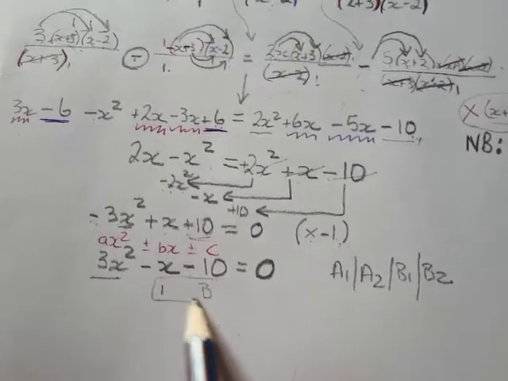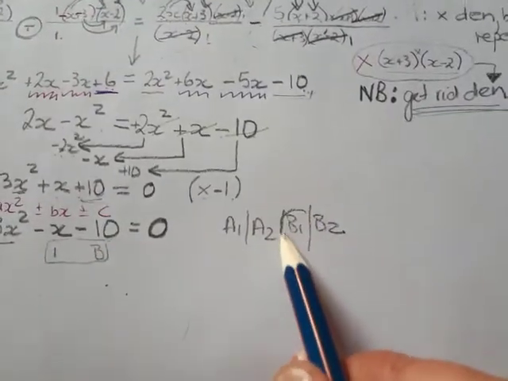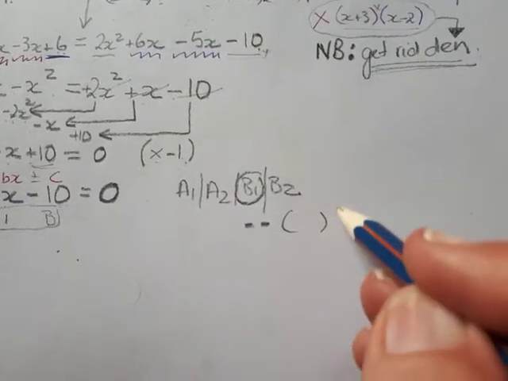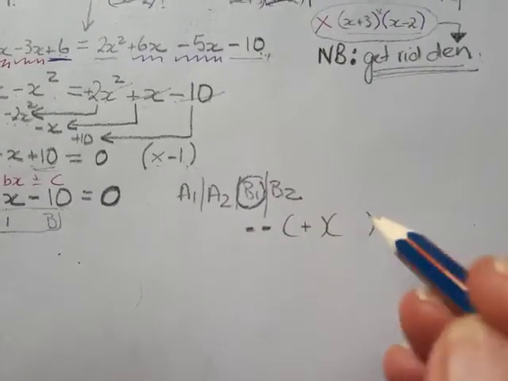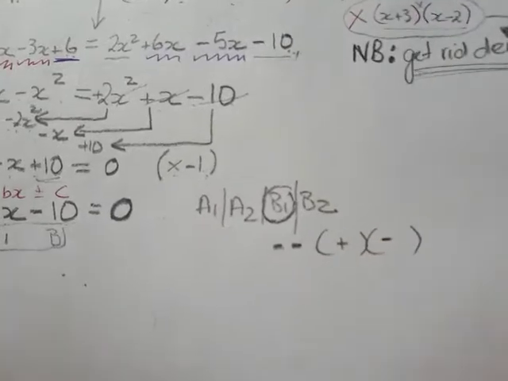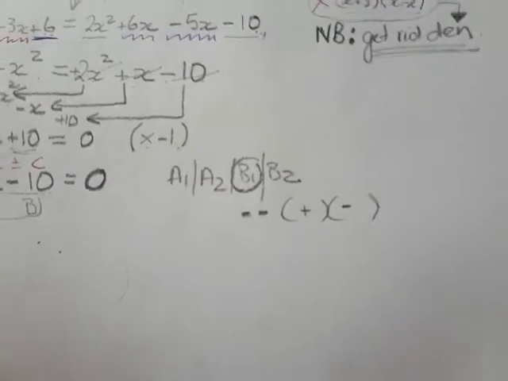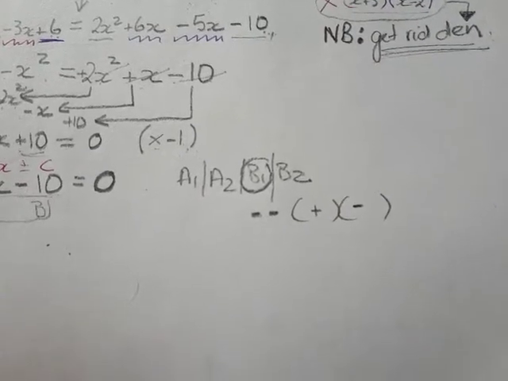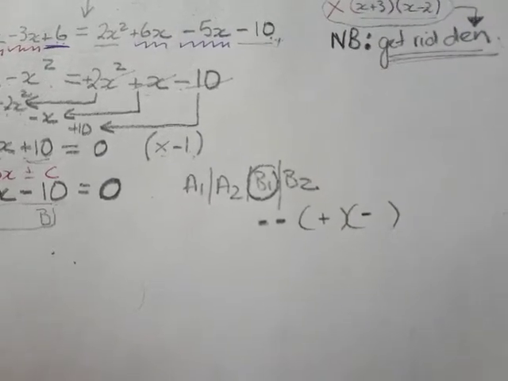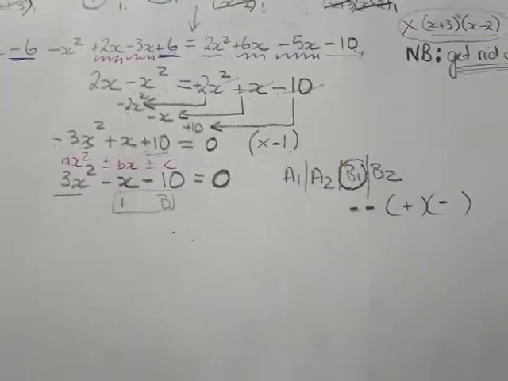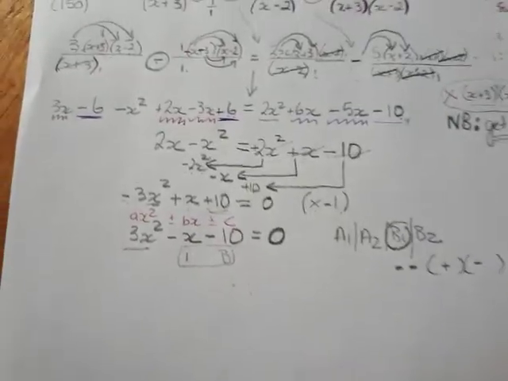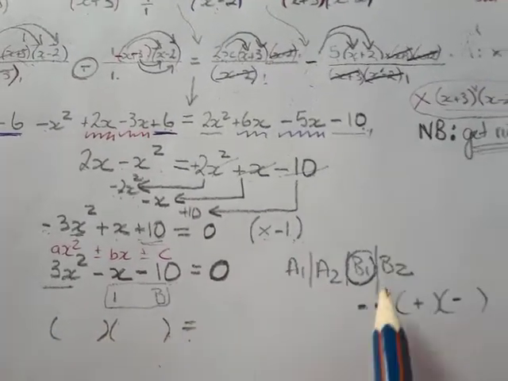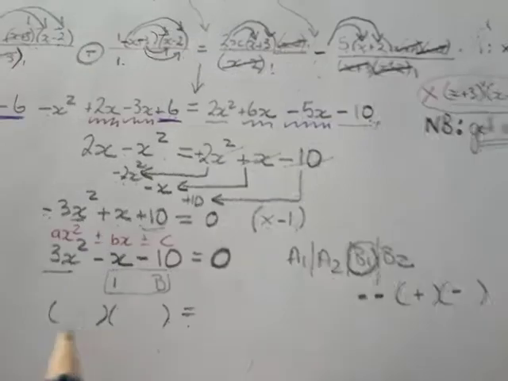Just as a reminder, people, B1 is negative, negative, and therefore in my brackets, one will be positive and one will be negative. Once again, if you cannot remember this, please watch the videos on solving quadratic equations. Now I'm going to just simply factorize, so I will not show how to do that. I will just write in my answer.